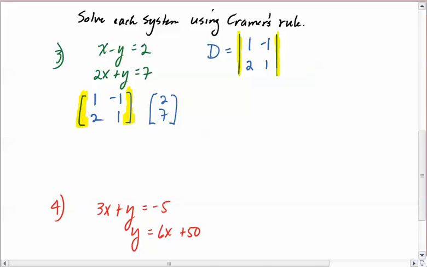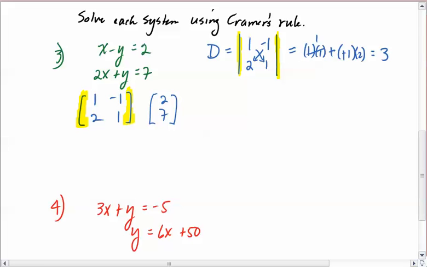That's the symbol for taking the determinant. So here we go, we're going to call that determinant D. I have 1 times 1 minus negative 1 times 2. This times this minus this times this. That's a plus, so that's 1 plus 2. That gives me the determinant 3.